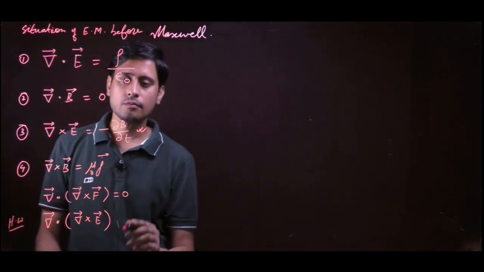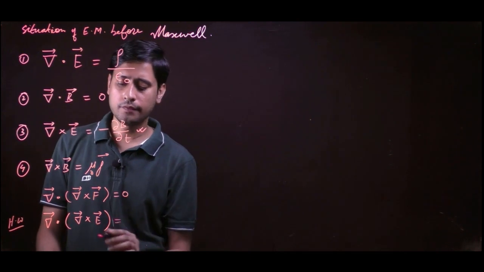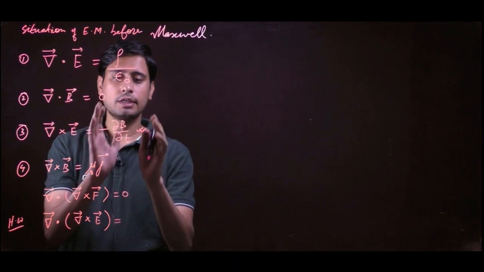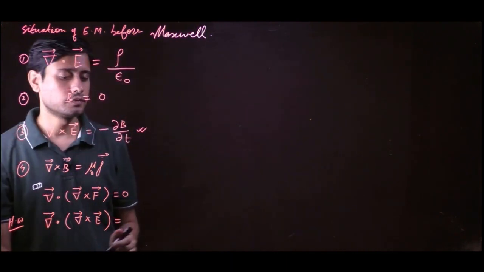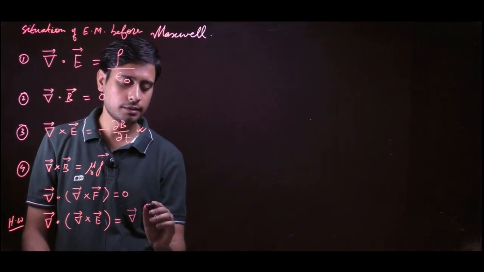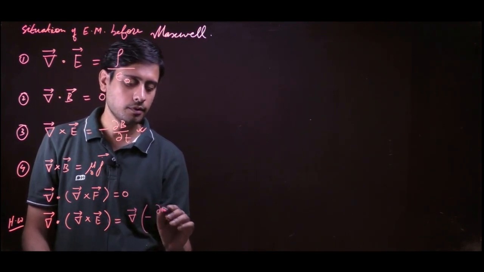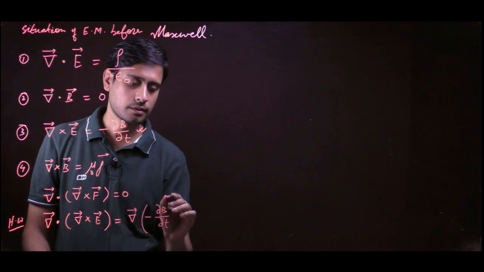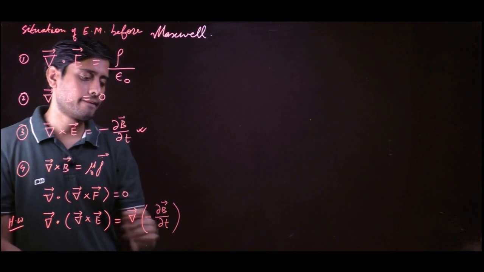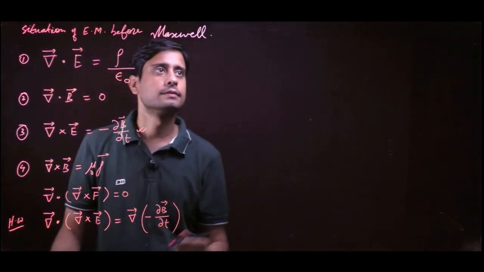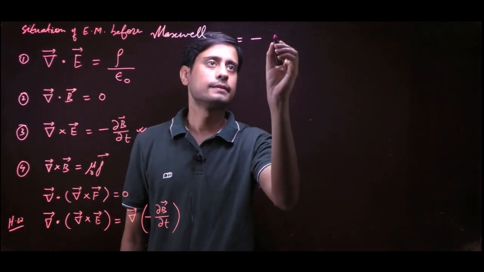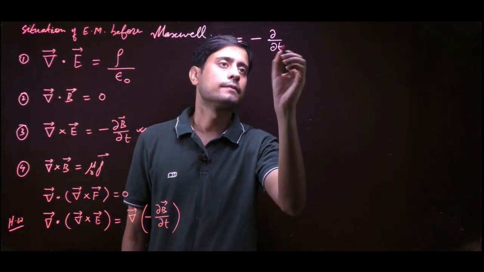So now, if the left hand side must be 0, that must be satisfied by the right hand side of the equation. So take the divergence of the right hand side term, minus del B over del t. We have to calculate this divergence. It must be equal to minus del over del t.